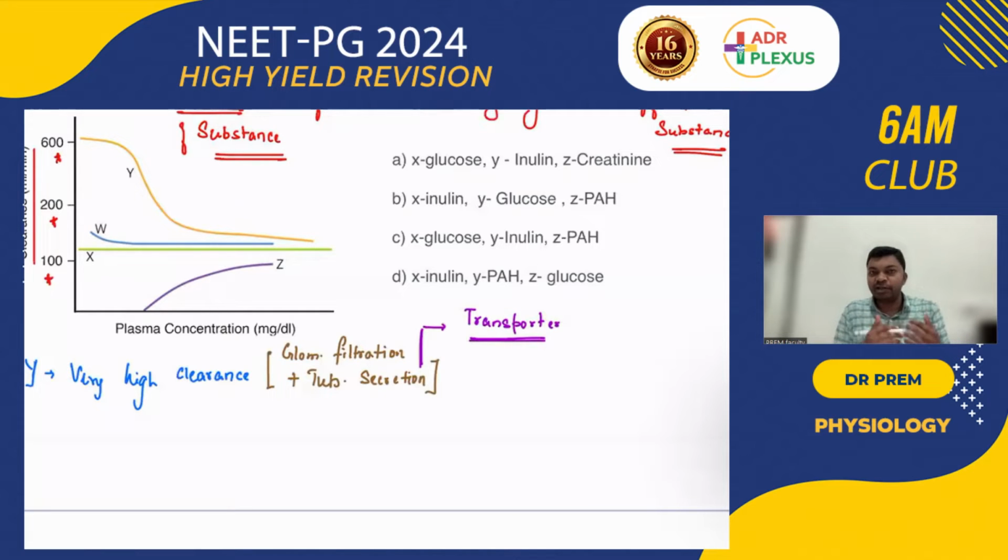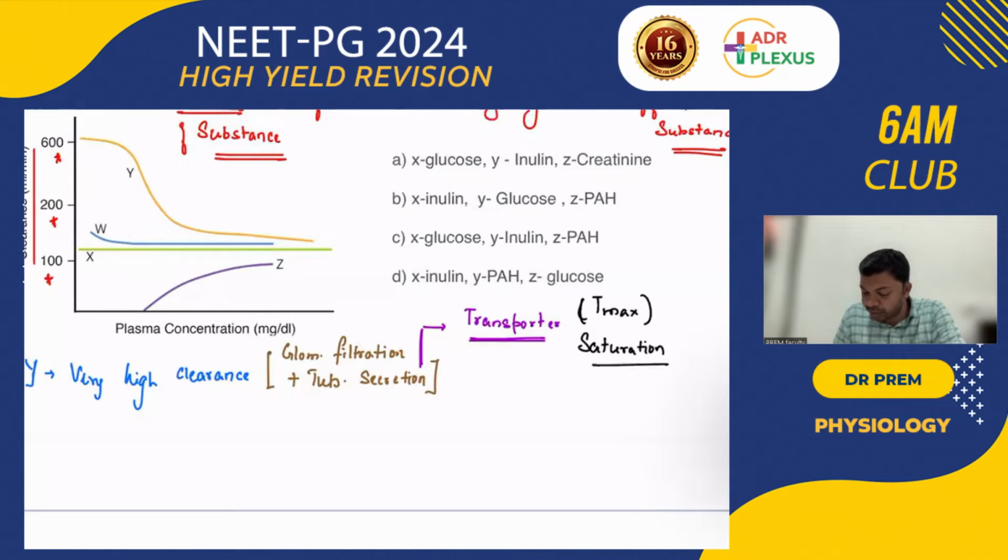Every transporter, if it is involved in a picture, will have something called transport maximum, which is called Tmax. We have studied this in facilitated diffusion. If you remember the Michaelis-Menten kinetics, every transporter has a maximum limit with which it can transport. We colloquially call this saturation.